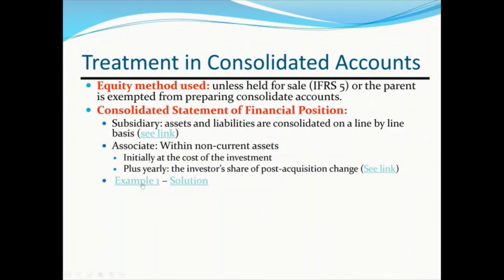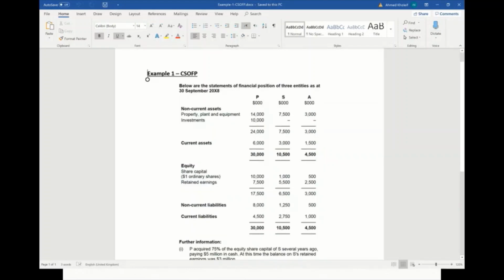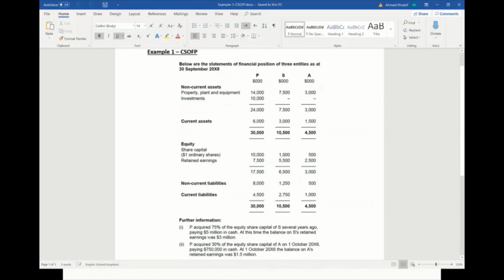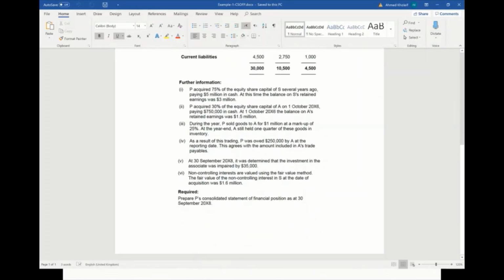Okay, so looking at the example, we have three companies: the parent company B, the subsidiary S, and the associate A. We have several items related to the statement of financial position of the three entities, and then we have additional information.